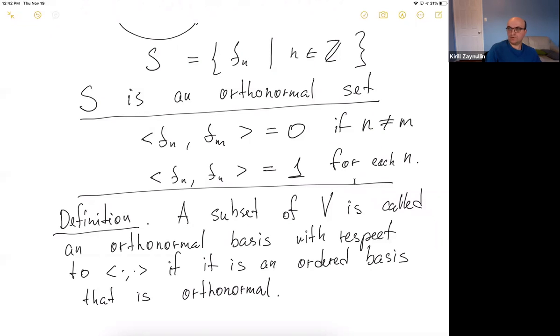So again, what is an orthonormal basis? It's a basis which is orthonormal with respect to that inner product.